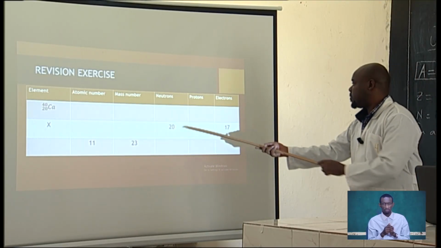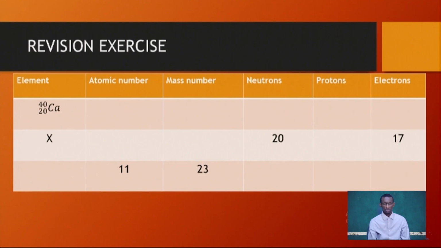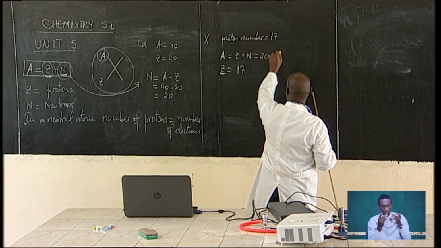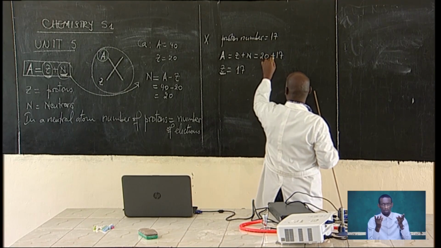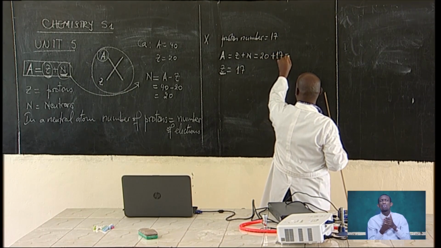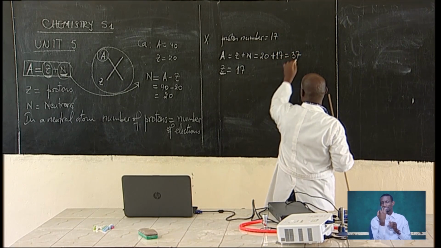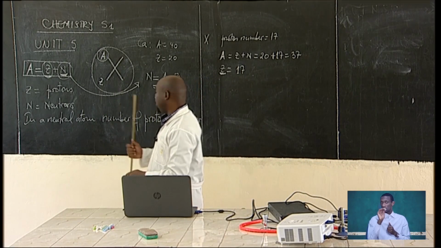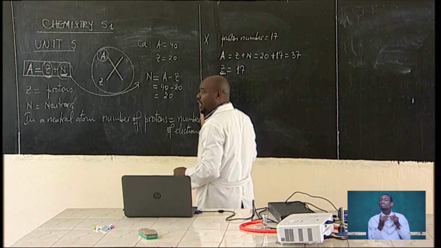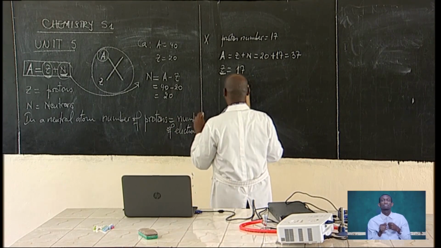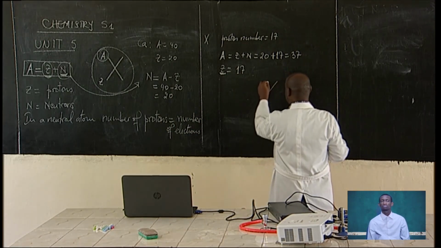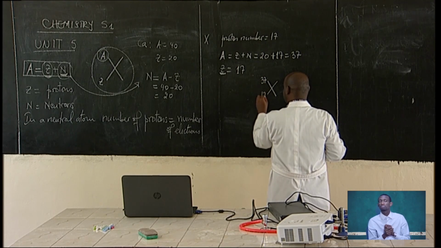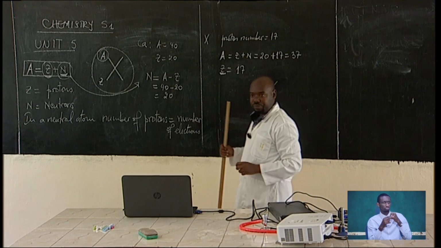We have 20. So 20 plus 17, we get the number of all particles in the nucleus, and we have 37. So the mass number for that X is 37. And how do we represent it? It will be X with 37, the mass number, and 17, the atomic number.